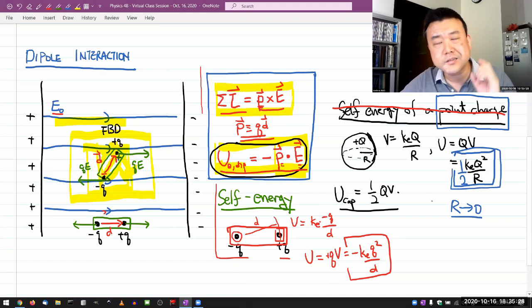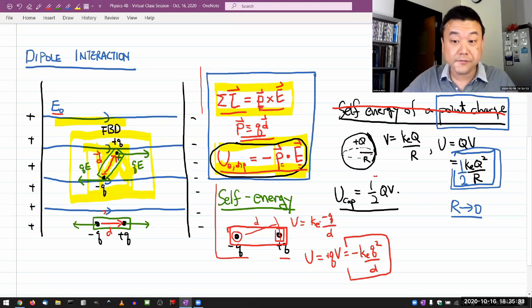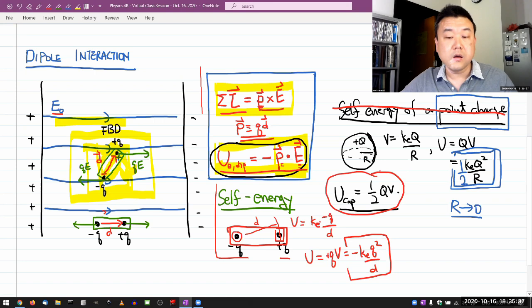Because there are some pointed exceptions, as in self-energy of a capacitor, I want to highlight this so that it's not confusing. When we are talking about energy of a dipole interacting with an external field, there's no factor of 1/2, like that's not here.